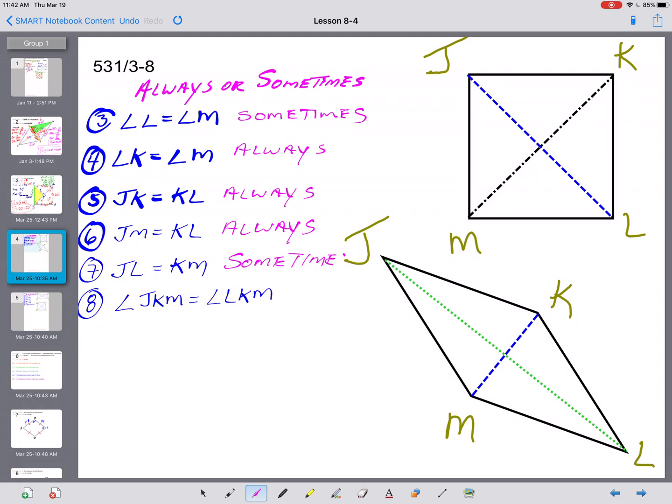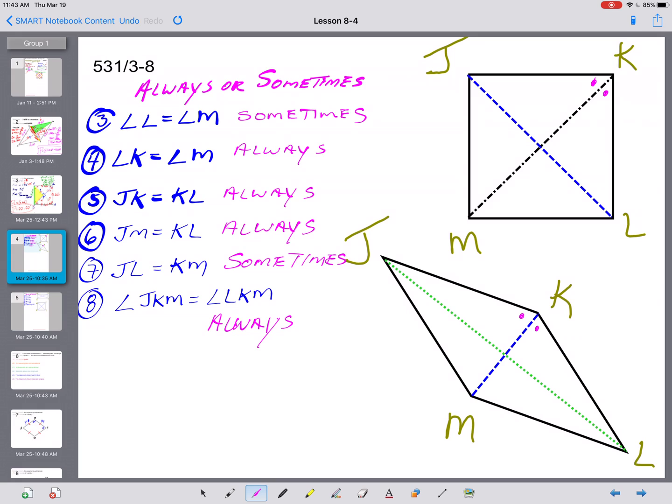And the last one, look at these angles. Angle JKM, that's this angle. LKM, that's this angle. In the top one, JKM, that's this one. LKM, that's this one. Always true or sometimes true that those angles are equal? Yes, always.